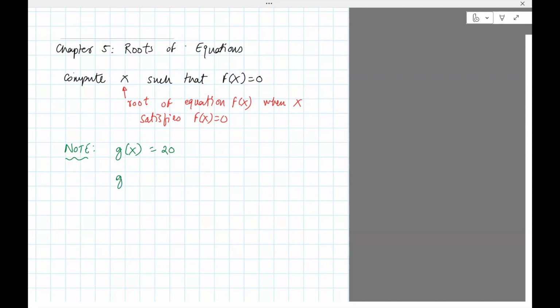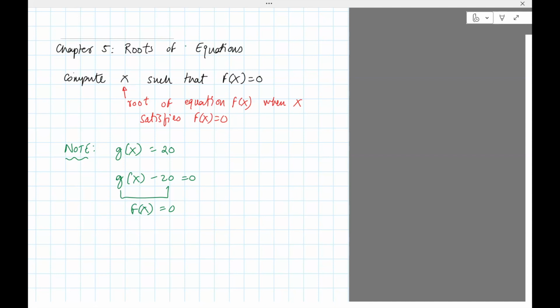All you do is write g of x minus 20 equals 0, or if this was f of x, that would be f of x equals 0. So everything can be reduced to a formula which is f of x equals 0, and that's root finding.